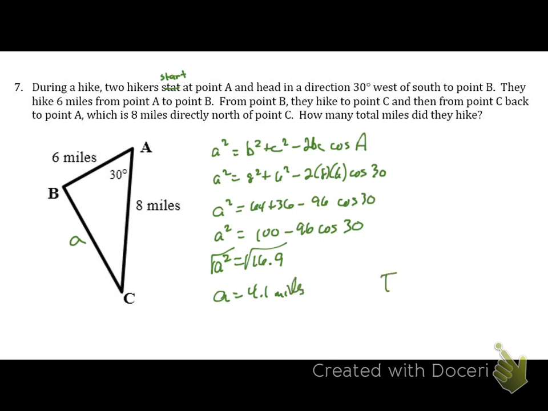Now, total miles, it's just going to be us adding 8 plus 6 plus 4.1, which is going to give us 18.1 miles. Okay? All right.